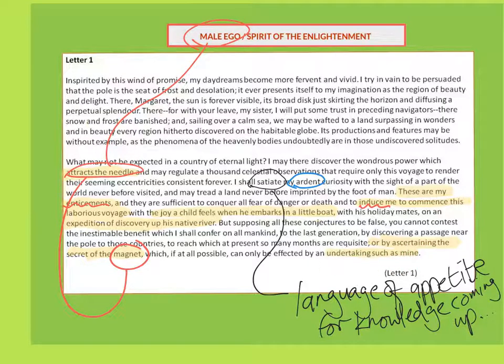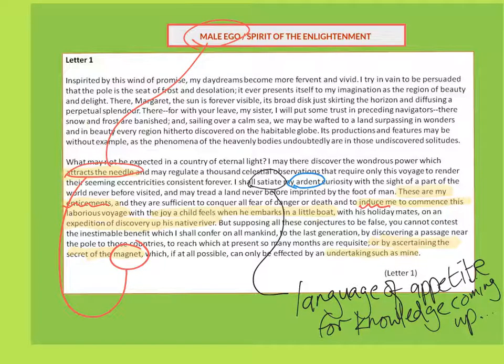So mankind might benefit in some way, shape or form. More important, Mary Shelley is implying here, is the sense of achievement and the fact that Robert Walton will be the person to have discovered this.